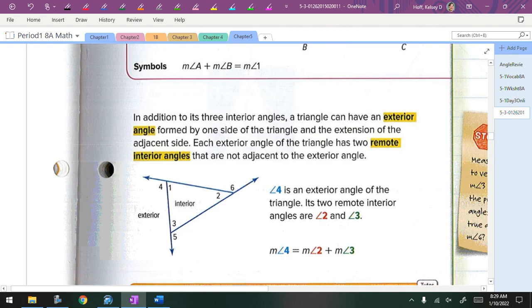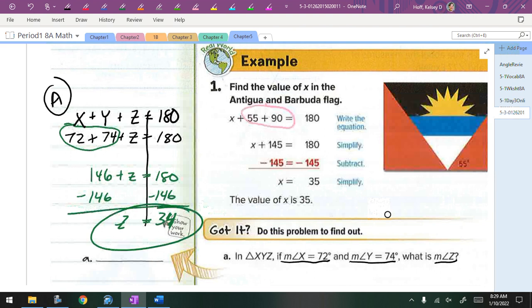Okay, I'm going to flip back here so everybody sees what you should be writing. You should be writing all three angles added together equal 180.